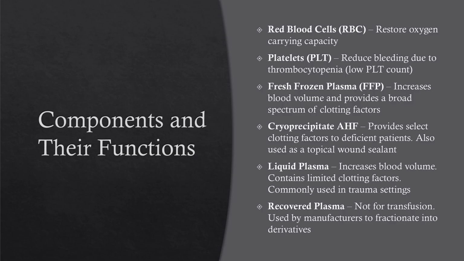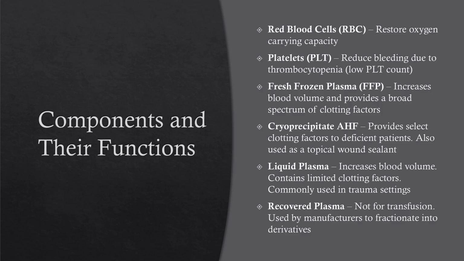Okay, so what are the different blood components that we're interested in, and why? What are their functions? Here's a pretty quick breakdown of the main components and what we're interested in. Red blood cells. This by far is the most commonly thought of portion of blood.